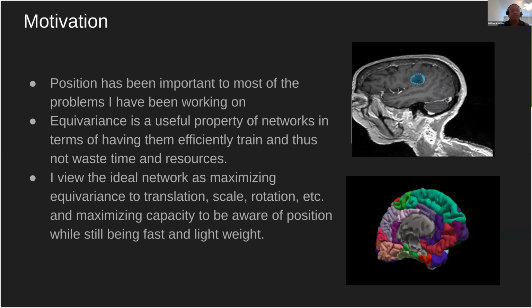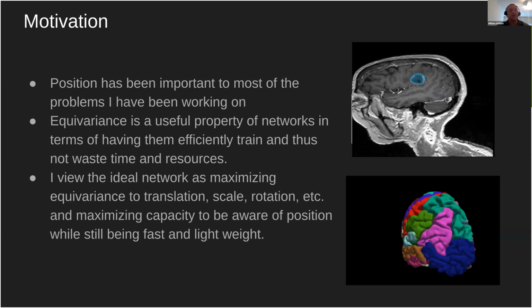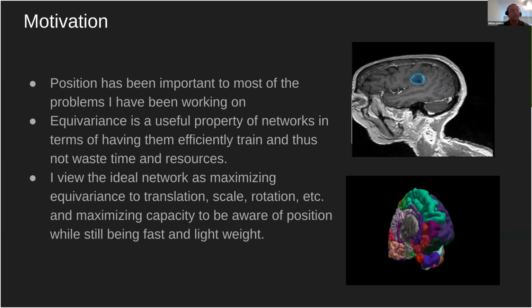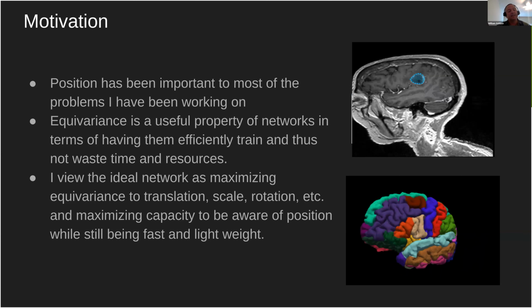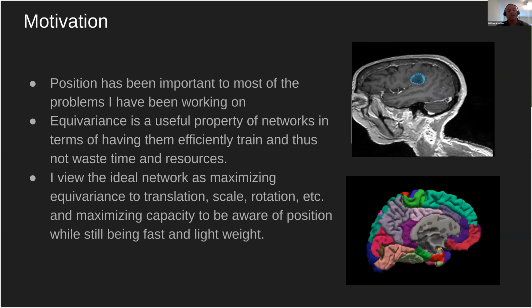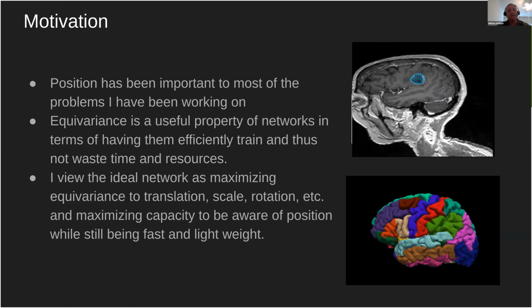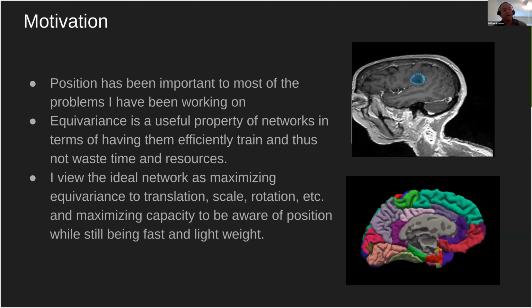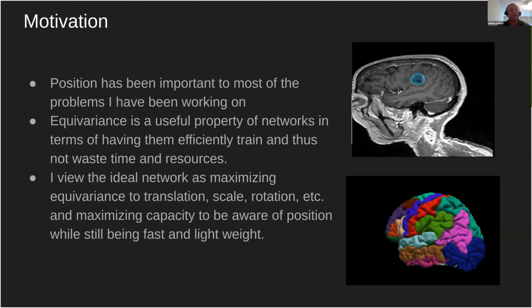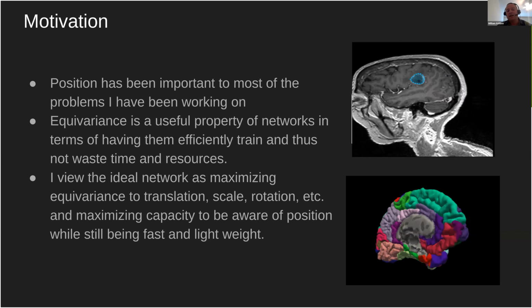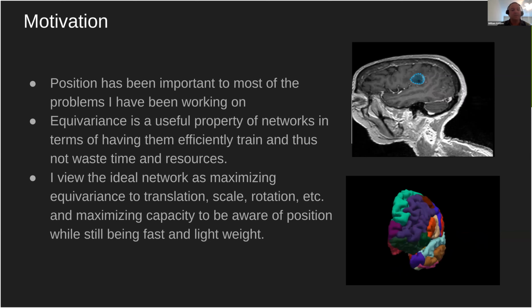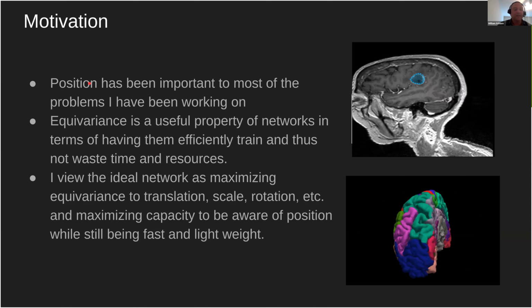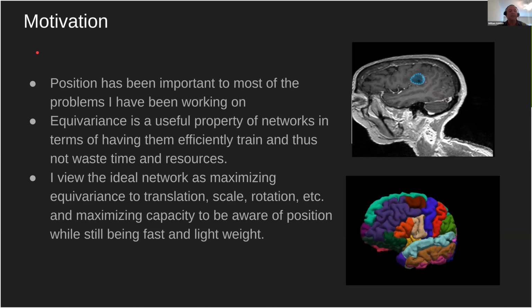Preserving this property of equivariance while minimizing the need for data augmentation is key, because there are networks that aren't very good at this property, but they achieve results by extended training with data augmentation, which is wasteful and time consuming for both the computers and for people. Additionally, these networks should be lightweight and fast.